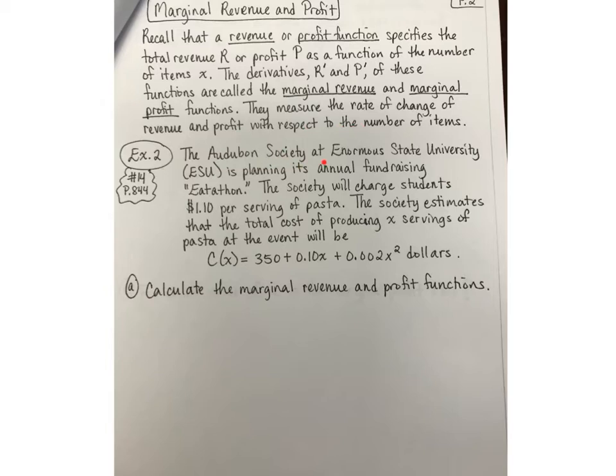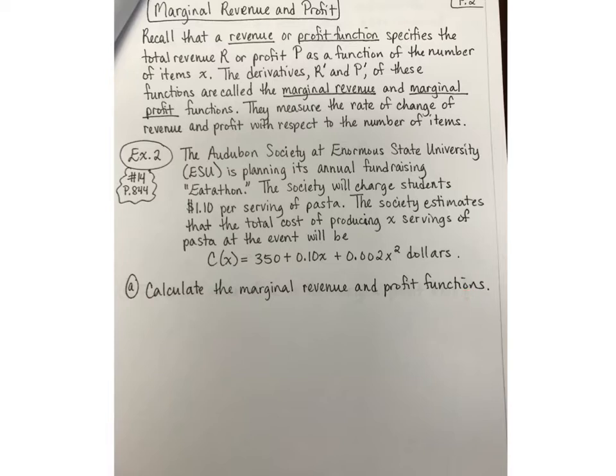The Audubon Society at Enormous State University is planning its annual fundraising eat-a-thon. The society will charge students $1.10 per serving of pasta. The society estimates that the total cost of producing X servings of pasta at the event will be C of X equals 350 plus 0.10X plus 0.002 X squared dollars. In part A, we want to calculate the marginal revenue and profit functions.